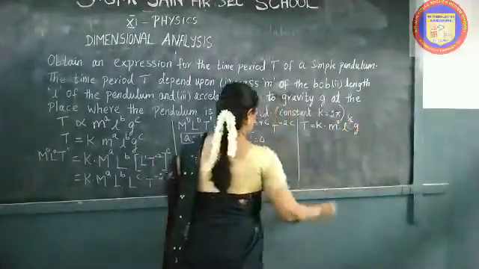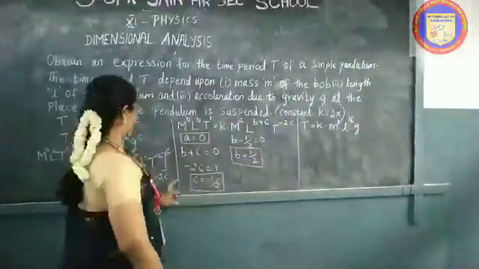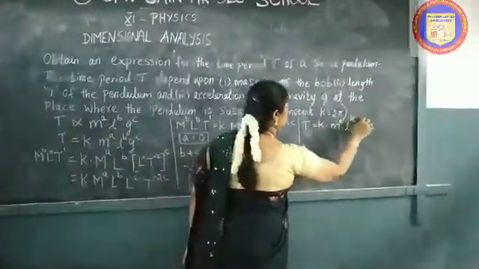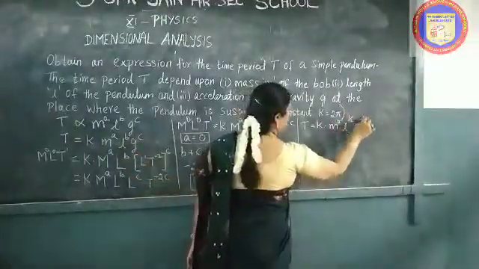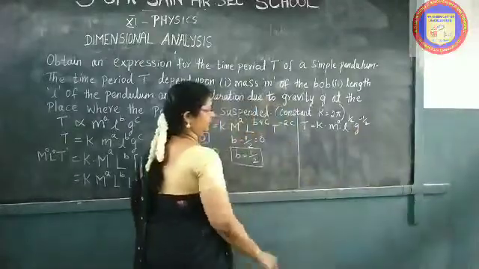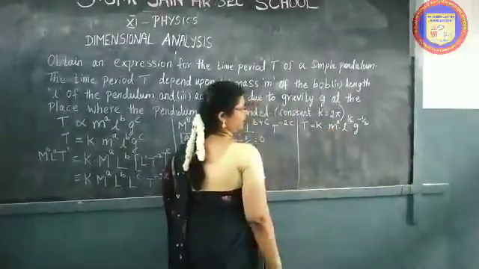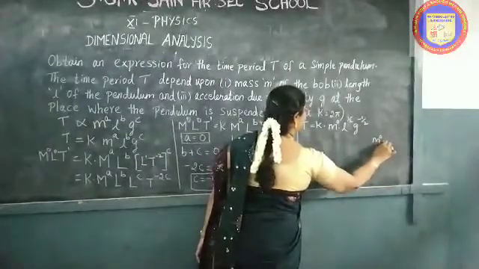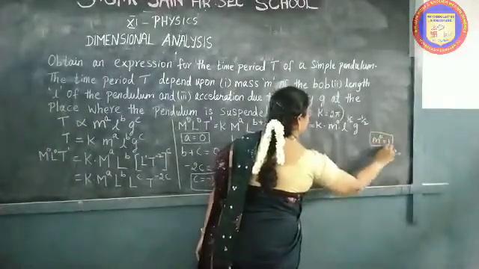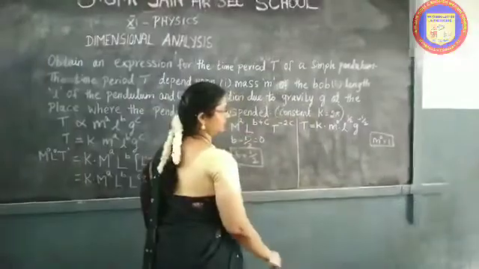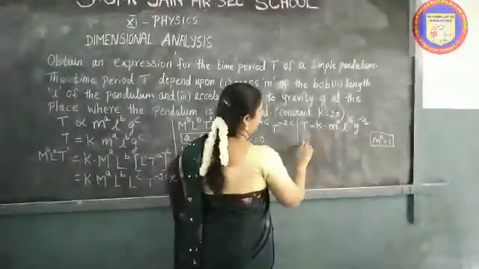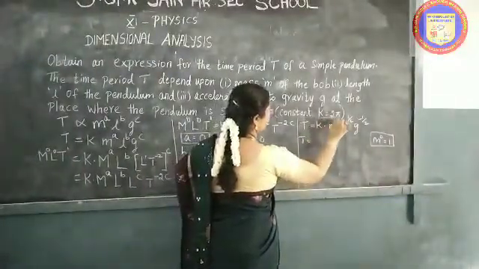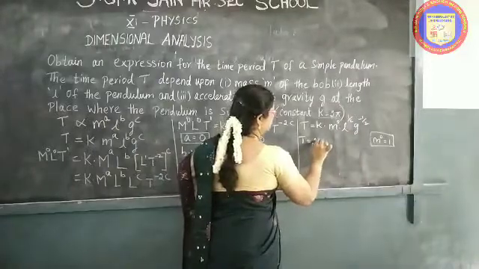And G with the c value minus 1 by 2. M power 0 is equal to 1, so we are going to consider that as 1, as per 10th standard maths. The k value is given as 2 pi in the question, so we write 2 pi here.